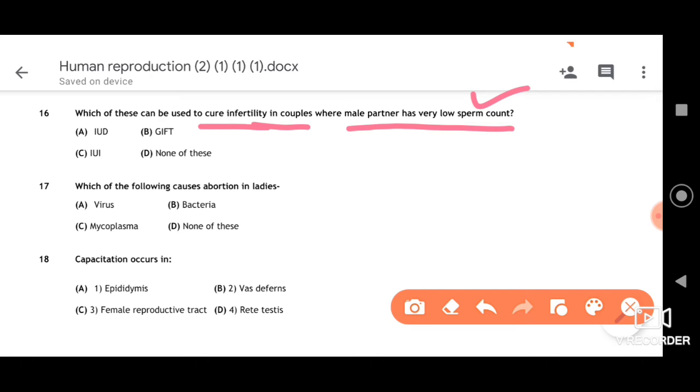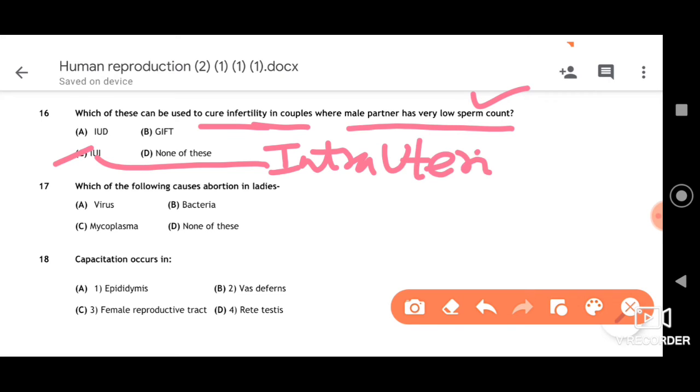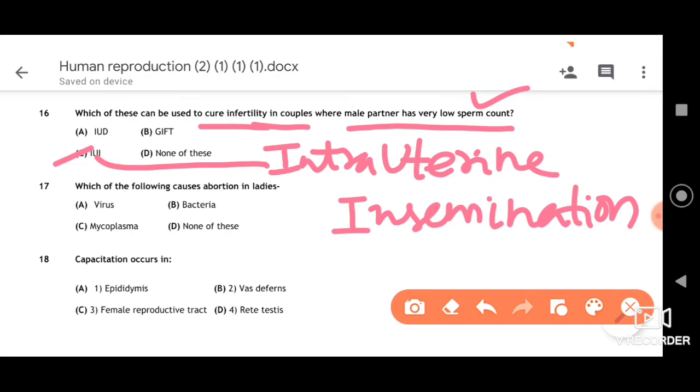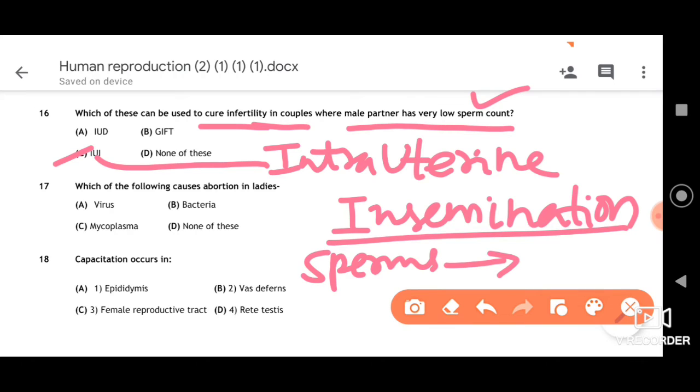The best technique you can go for is IUI, intrauterine insemination, where the sperms from the husband are artificially introduced through the vagina into the uterus of the female.